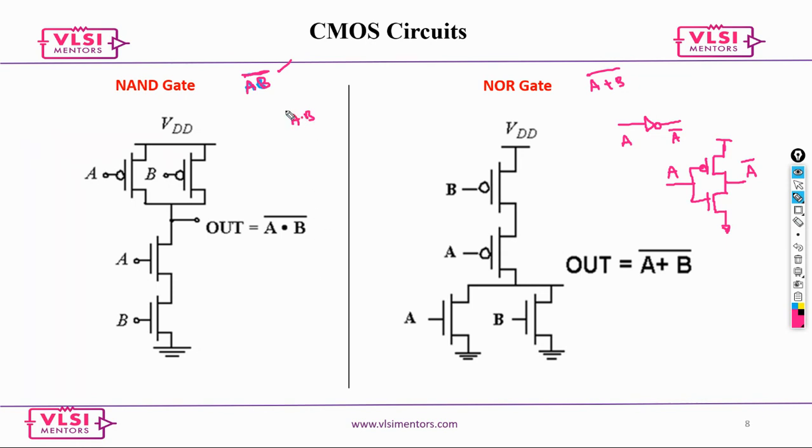Now implement this AB in the pull down. When you say A and B, that means it is going to be in series. So just look at this, say this is going to be A, and say this is going to be B.